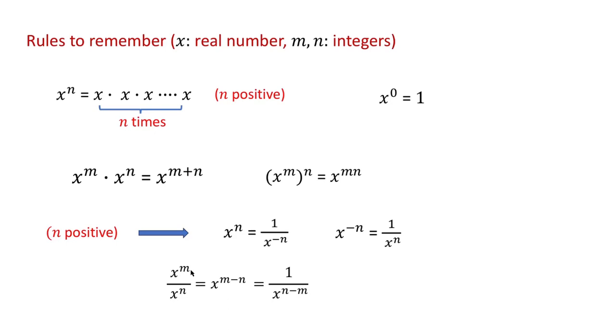If you take this up, you get m minus n. If you take this term down, you get n minus m. And we'll see some examples now.